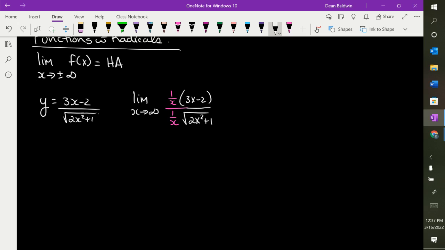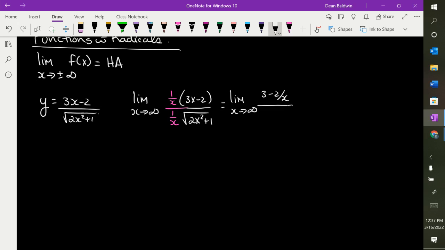So what does the top become? 3 minus 2 over x. Now the bottom, you have to put the 1 over x into a square root. 1 over x times 3x, the x's cancel, you get 3.